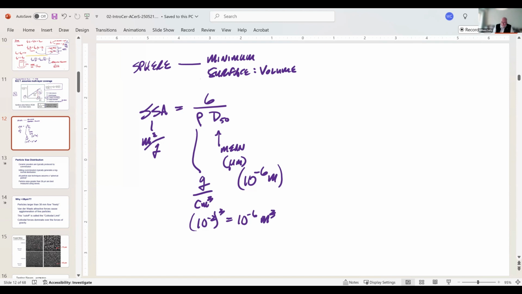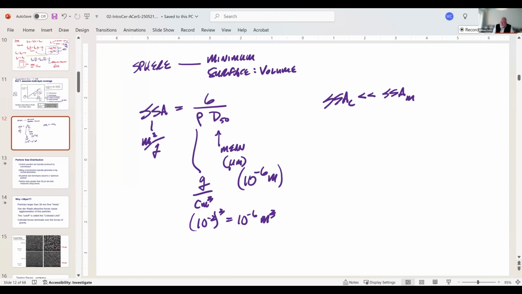So when you do all of this, this assumes a sphere. What happens if I put in a D50 and I calculate my surface area? My specific surface area calculated is always going to be less than, sometimes quite a bit less than, my specific surface area measured. Why?